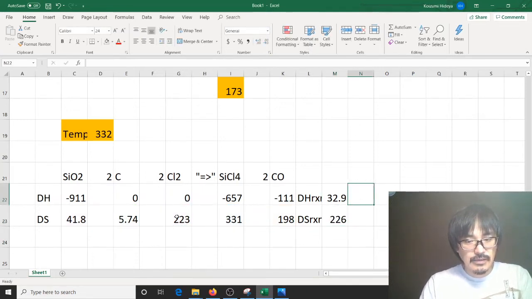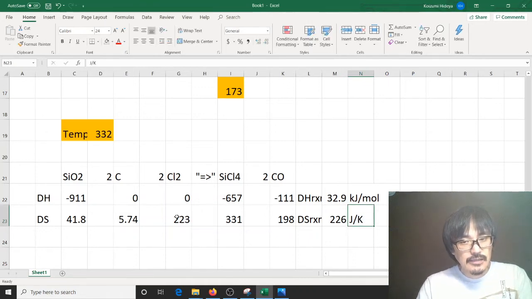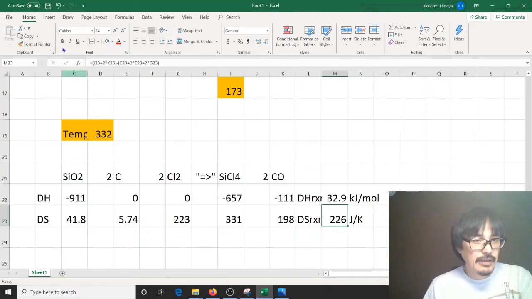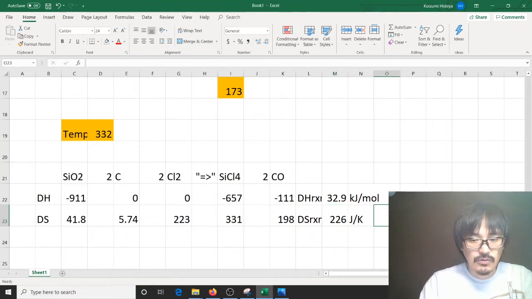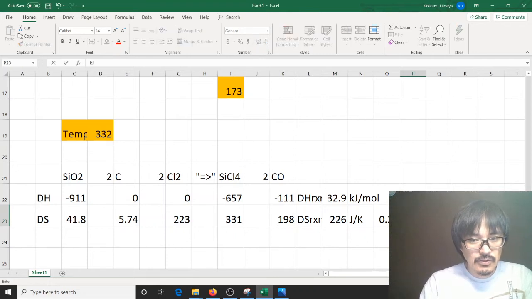Now that one right there is in kilojoules per mole, and this is in joules per Kelvin. I don't like the joule per Kelvin because they're different here. So I'm going to divide everything by 1,000. So that's equal to this divided by 1,000, kilojoule per Kelvin, right?